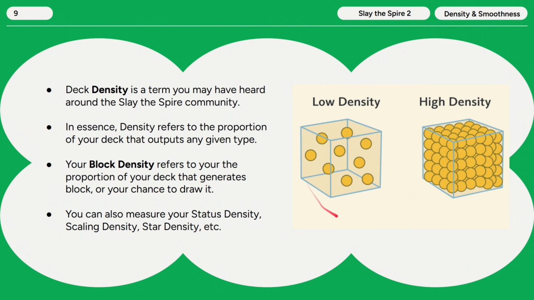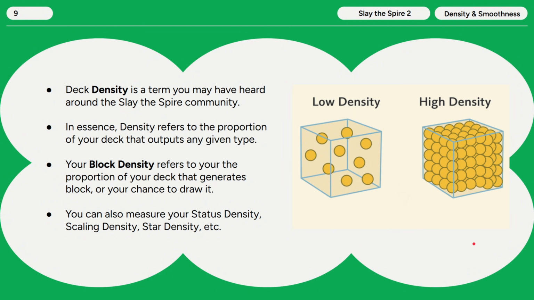And you can visualize this as well, right? If you think of your deck of cards as a box, you have a deck of 25 cards, well, that's 5 hands of 5. Your density is the number of block cards that are distributed around that 5x5 box. If you have lower block density, maybe you only have 5 block cards, your starting Defends, and maybe you draft like a Rage or something on the Ironclad, so you have 5 block cards and everything else is attacks and powers.